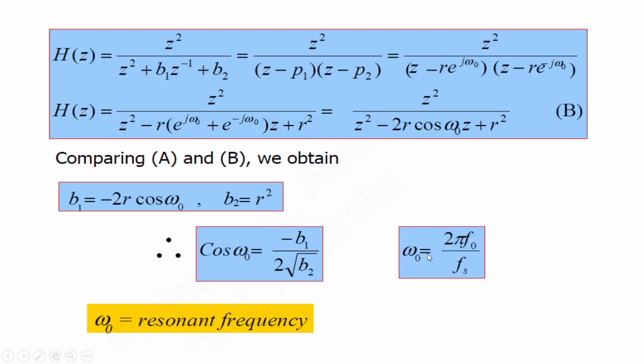So that's the value of omega 0, the digital frequency, the resonant frequency. At this frequency, the resonance will occur. Once the resonance occurs, you will be able to bend the magnitude curve upside, so it will give a band pass kind of response.